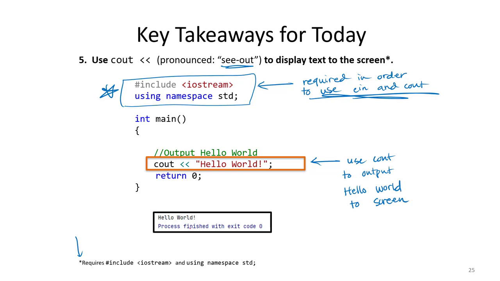If we were to compile and run this program, we would see exactly that. This is also a good example of something that has been hard-coded into the program. We're not able to directly change this hello world output unless we go back and modify the source code.